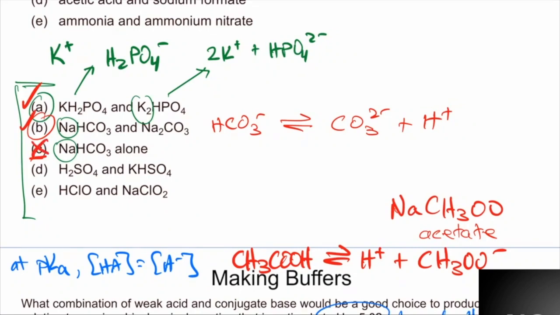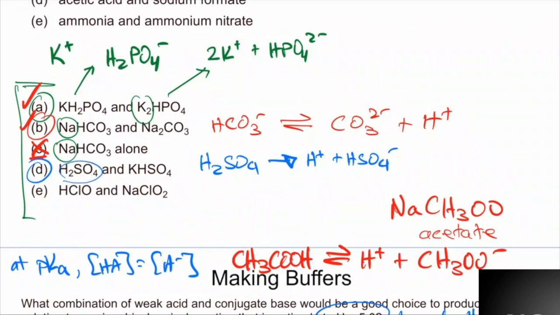How about D? Yes or no, and why? Can H2SO4 be amphoteric? What is H2SO4? It's a strong acid. It goes completely into H plus and HSO4 minus.